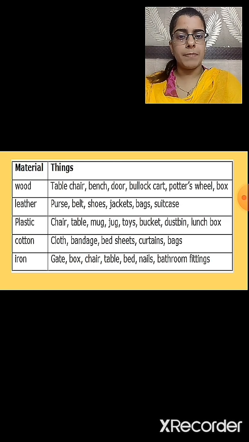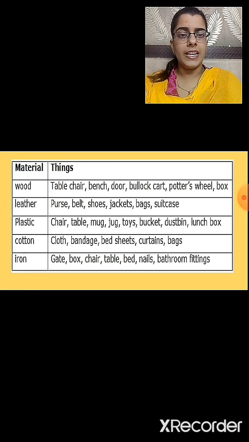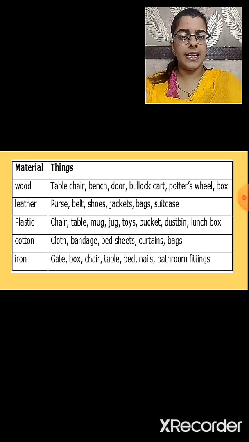So different materials can be used to make different things. Out of one material we can make many different things. Like iron is used to make the gate, box, chair, table, bed, nails, bathroom fittings, etc.